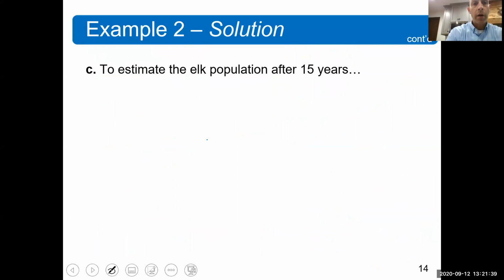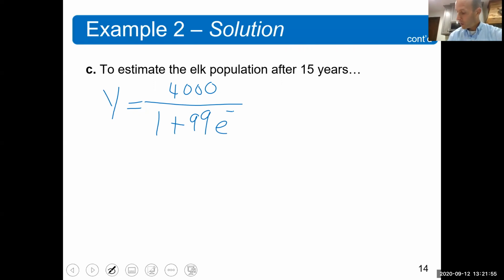So now what we're going to do is say y equals 4,000 over 1 plus 99 e to the negative 0.194361, and then here t is going to be 15, and I'm going to extend my division bar here a little bit further.